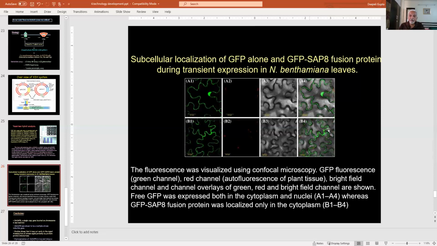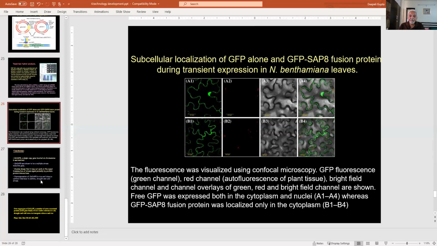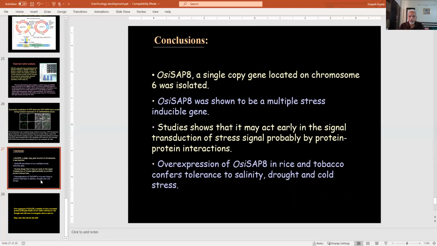And now its localization at the cell membrane level also confirms the idea that the gene product may be involved in signal perception or signal transduction.